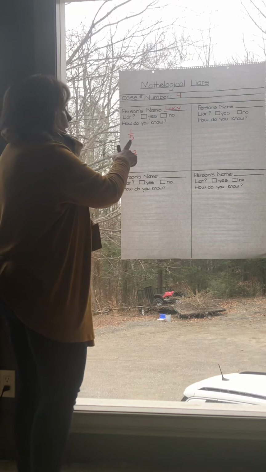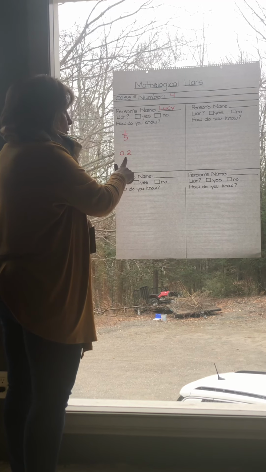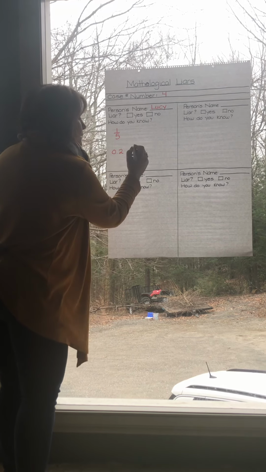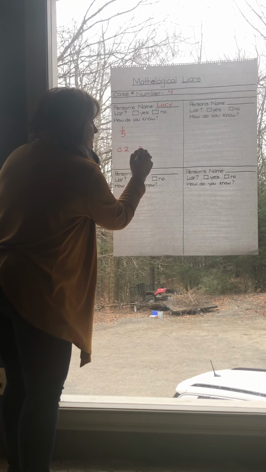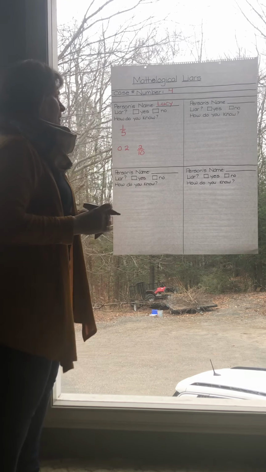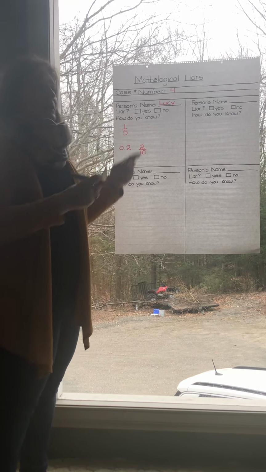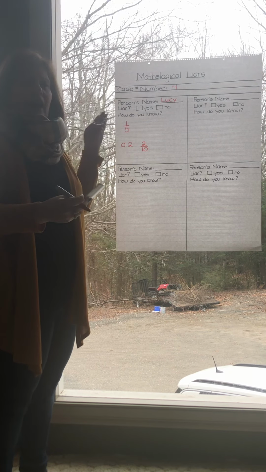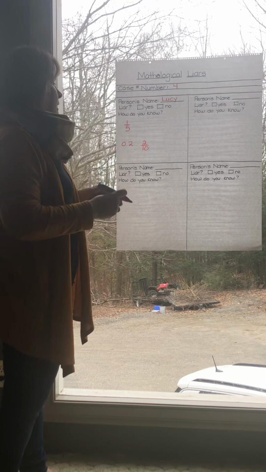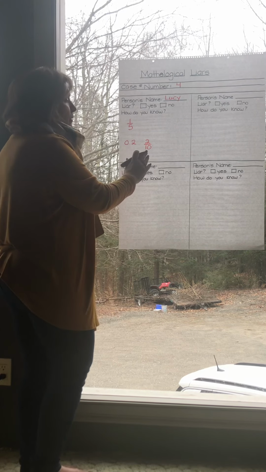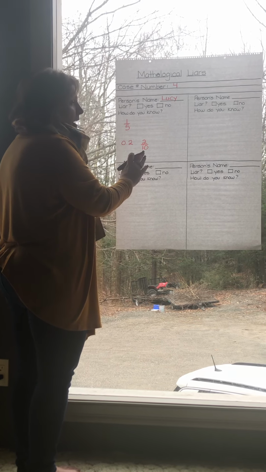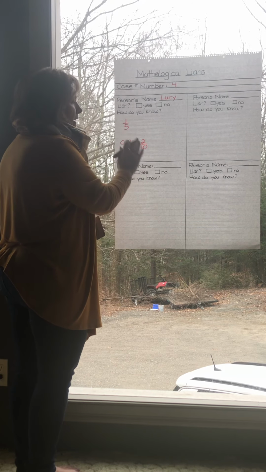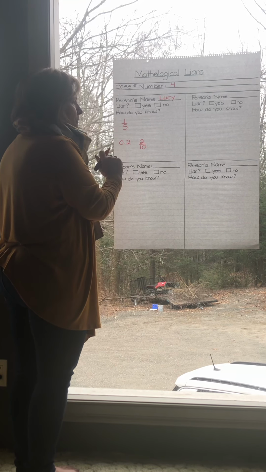So if we look at 1/5 and we look at 2/10, we can rewrite 2/10 as a fraction. Now maybe some of you can look at that right now and say, oh, I can tell what's going on. But if not, remember, if we have the same denominators, we can tell. So you can do one of 2 things.